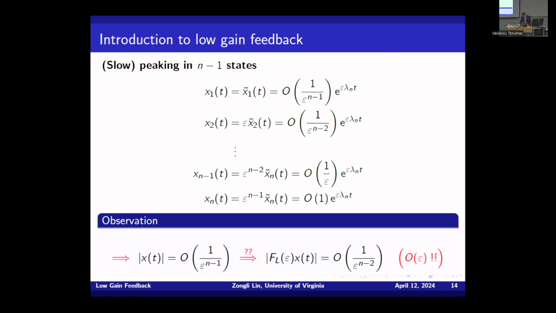If we just look at the state and gain, with a very rough estimate, the state is 1 over epsilon to the n minus 1, and the feedback gain is epsilon. If you multiply these together, the order would be epsilon to the n minus 1. But it turned out that when you multiply these, it's epsilon's order. That was a little bit surprising at the beginning when I discovered this.